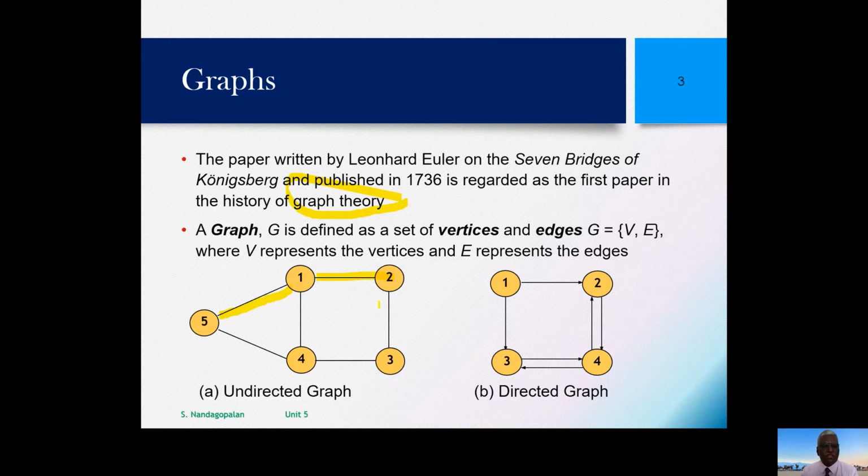There is no particular direction which is mentioned here. On the other hand, if we look at this figure B, where I have each edge being shown with an arrow like 1 to 2, I cannot go directly from 2 to 1. I could probably go from 2 to 1 via some other edges. Sorry, it just means vertices.